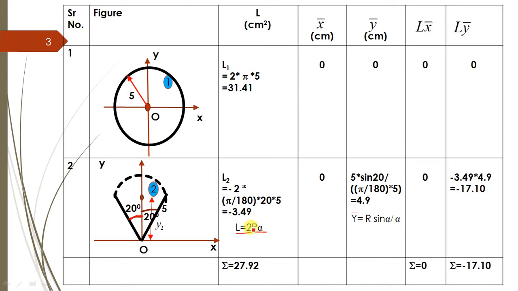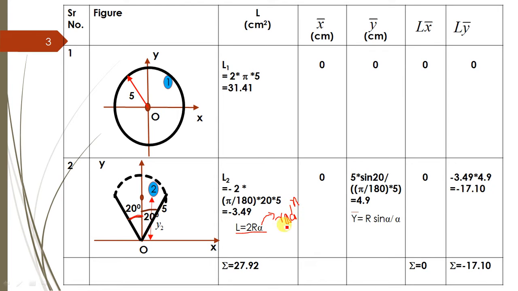Twice r is 5 and alpha. Here, is alpha in radian or degree? Yes, we have to consider alpha in radian. So 20 is given in degree, so we have to convert alpha into radian, because we have to take that particular figure into mathematical calculations.